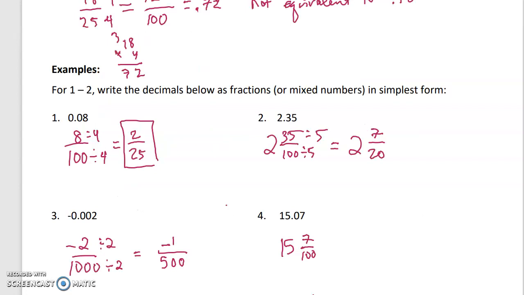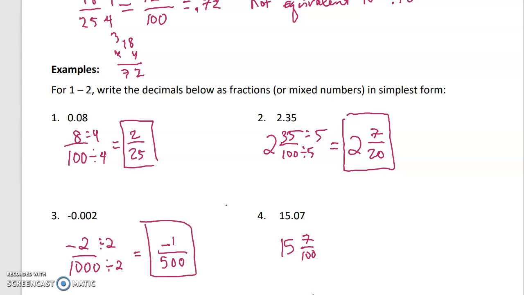All right, let's take a look at these questions here. So the first one, 0.08 is 8 hundredths. And so then 8 hundredths can be simplified to 2/25. Number 2, 2 and 35 hundredths is going to be 2 and 7/20. 35 and 100 can both be divided by 5.